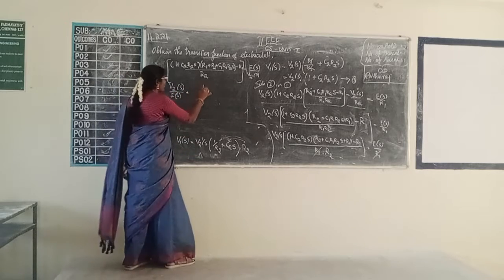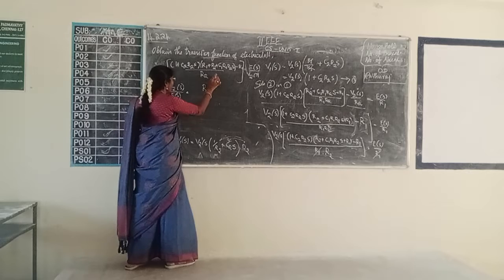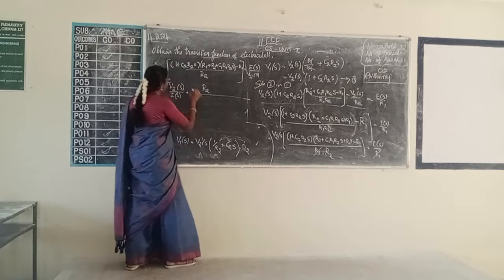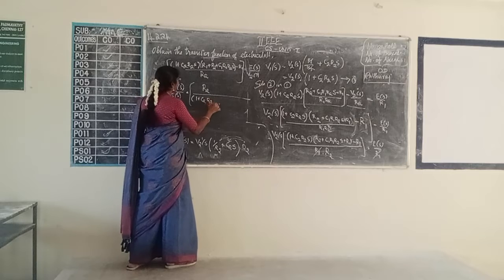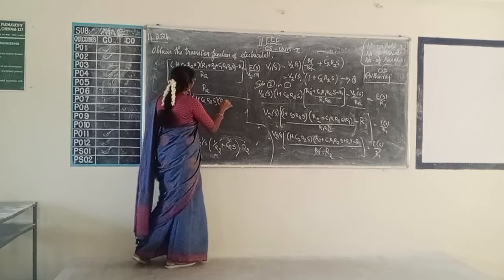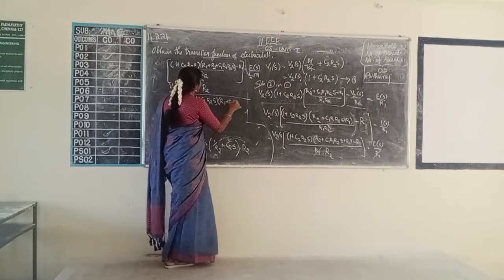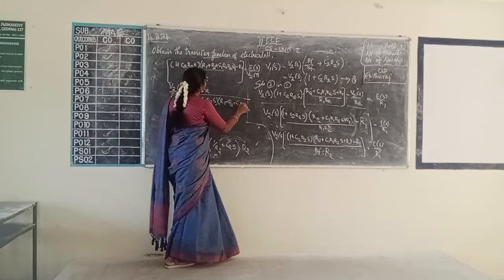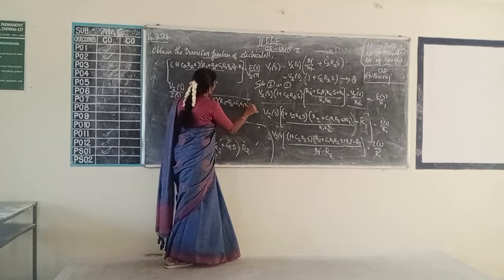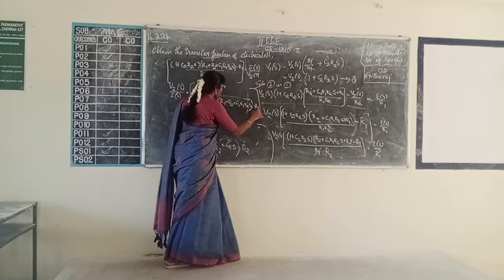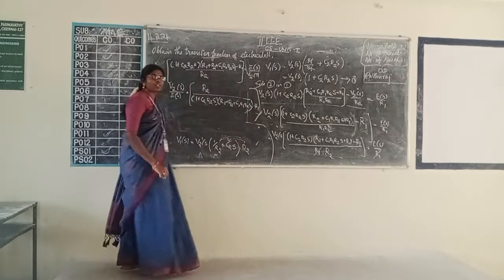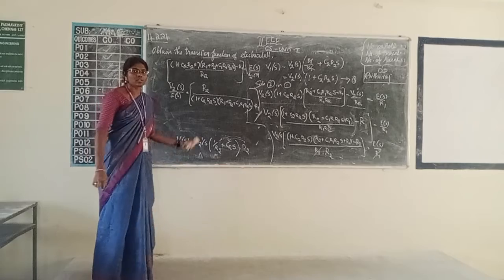So V2 of S by E of S becomes R2 divided by 1 plus C2 R2 S into R1 plus R2 plus C1 R1 R2 S, minus R1. This is our transfer function. That's all.